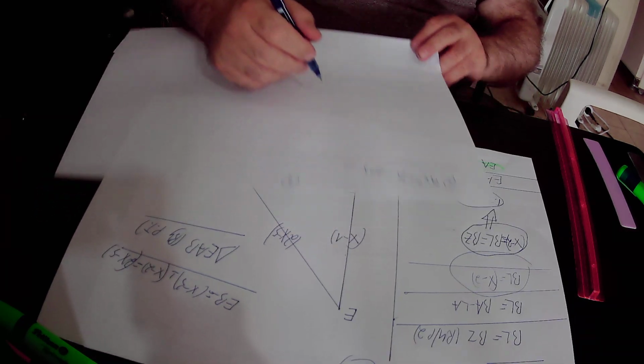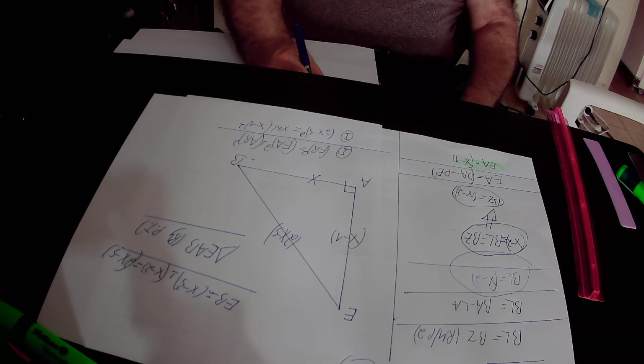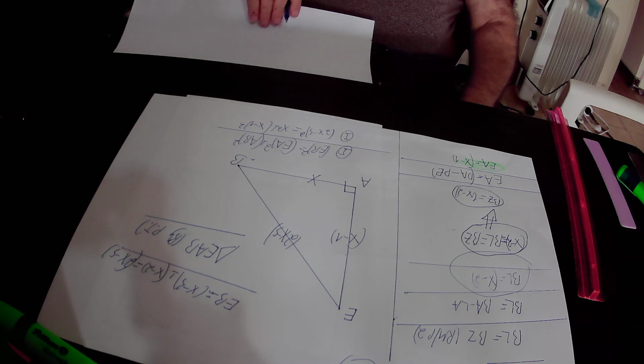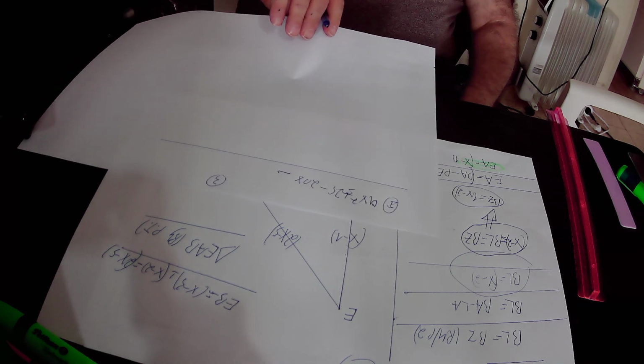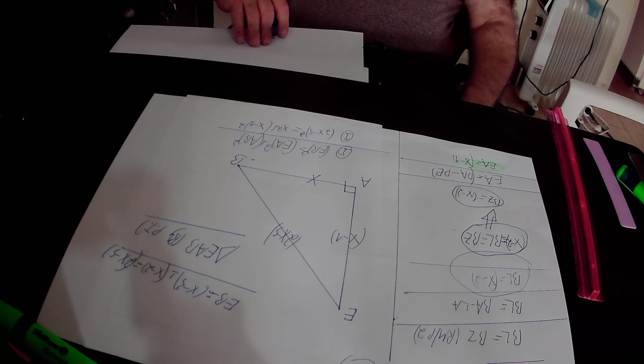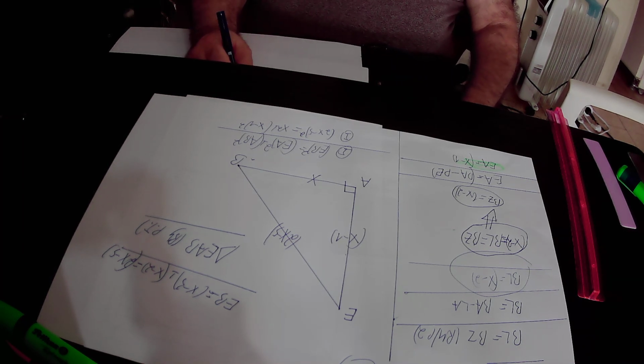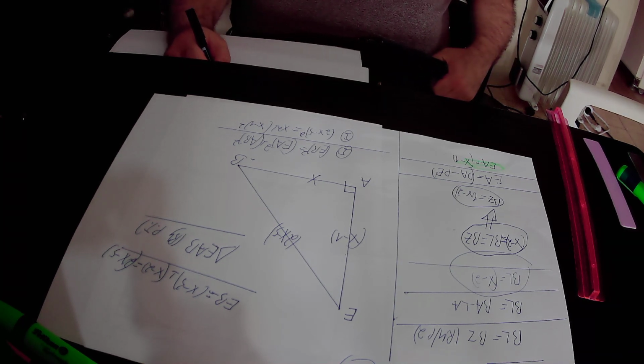And here we found out that according to equation number 1, 4x squared plus 25 minus 20x equals x squared plus (x minus 1) squared. (x minus 1) squared equals x squared plus 1 squared, that is 1, minus 2x.